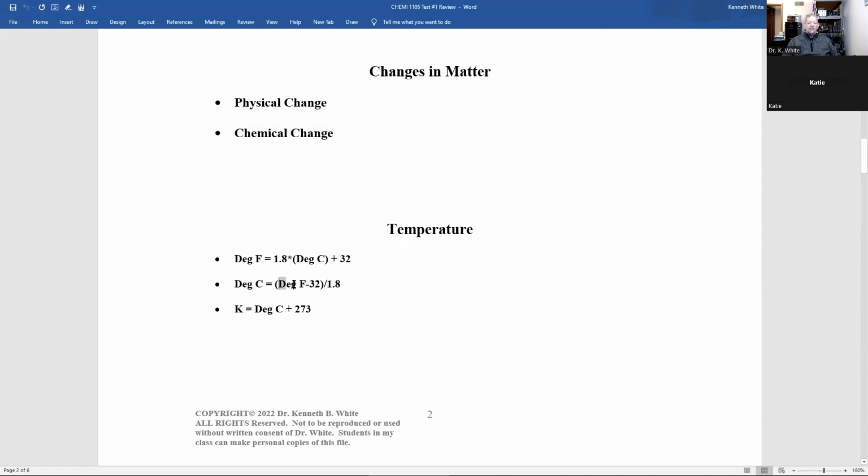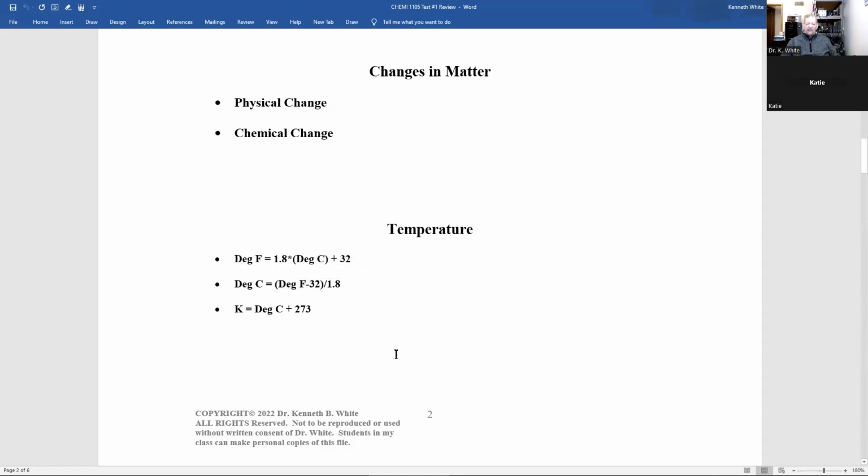Again, you do the subtraction, degrees F minus 32, and then you divide by 1.8. You don't do each one of those separately, division, then the subtraction. That's wrong.